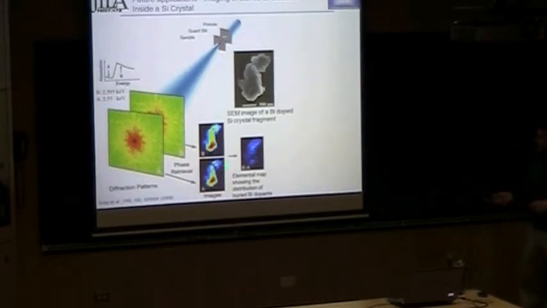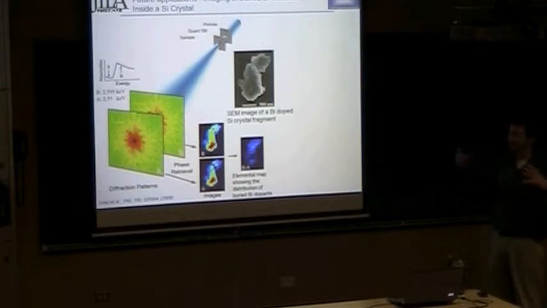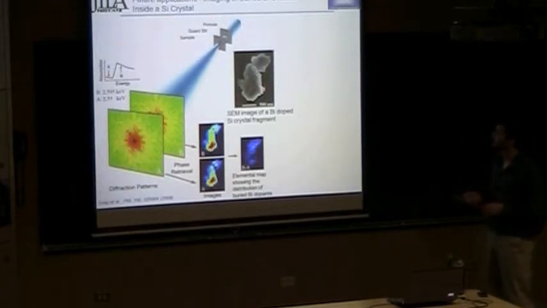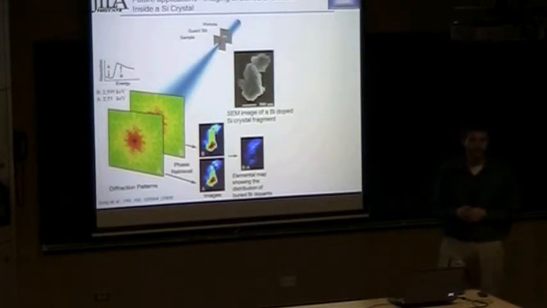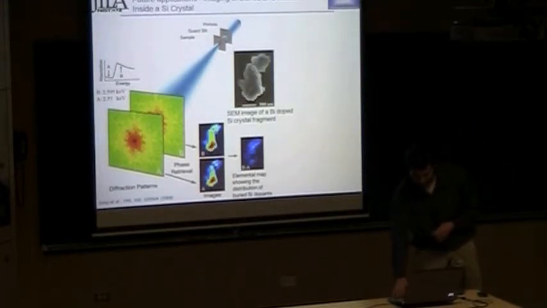So by looking at the difference between these two images, you can actually image the structure of this element inside of this bigger picture, and using soft X-rays is a unique way to get that information that otherwise would be lost.